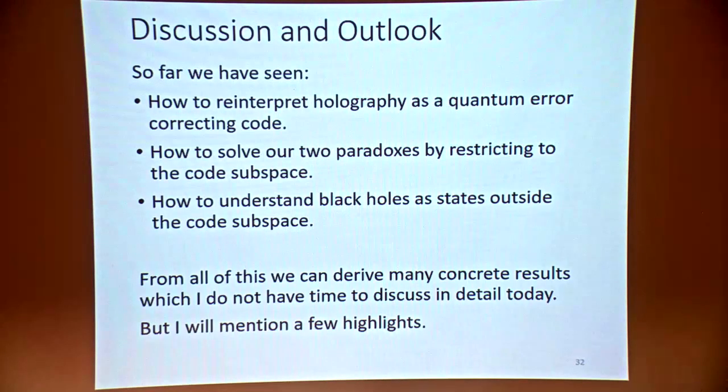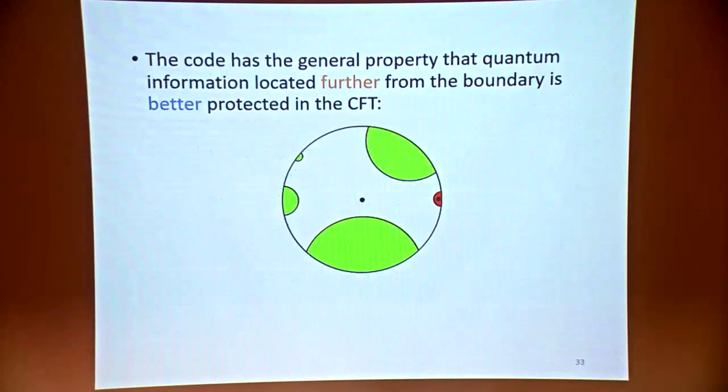So from all of this, we can actually derive many concrete results. I don't have time to go through all of that today, but let me mention a few highlights. The first is that the code actually has the property that quantum information located further from the boundary is better protected in the CFT.